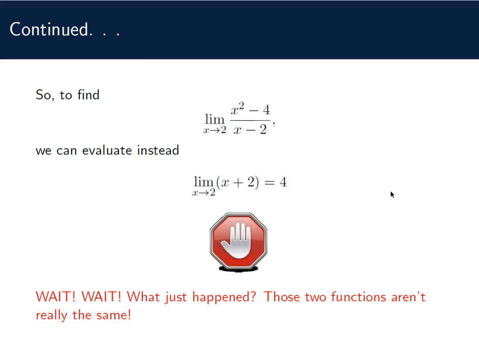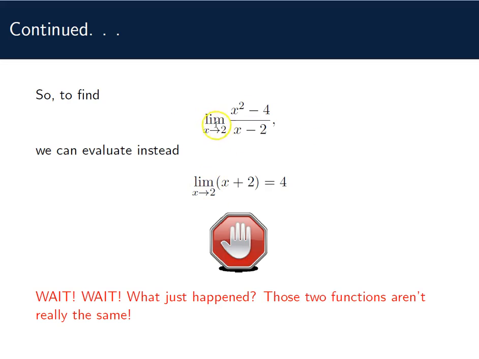those are really different functions. Remember, this function, the one I started with, you can't plug 2 in. I changed it to something into which you can plug 2. Those functions are not the same function. Why can I use this one? And the answer is simple. Limit as x goes to 2, that is not asking me what happens to that function when x is 2.